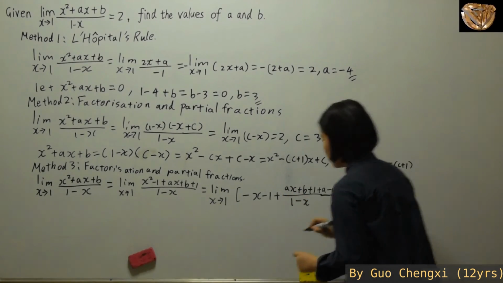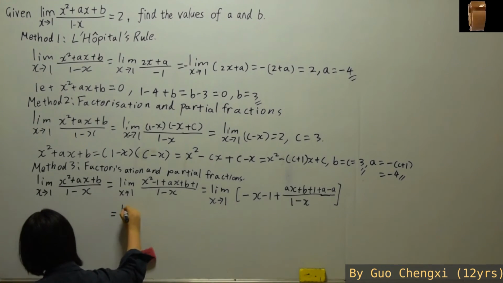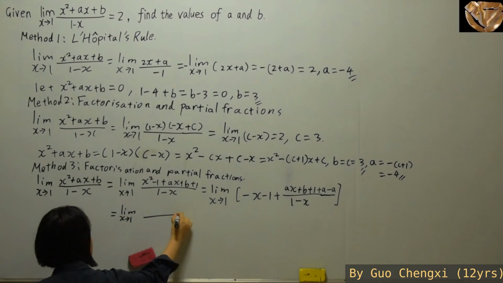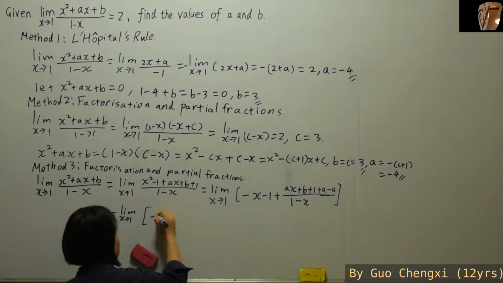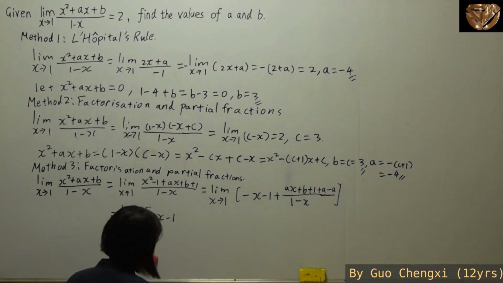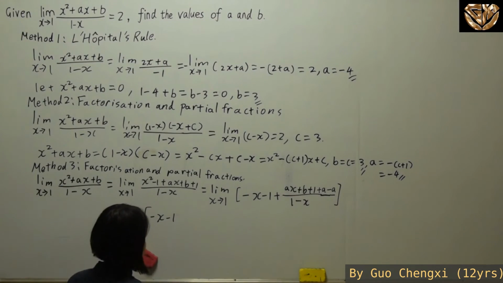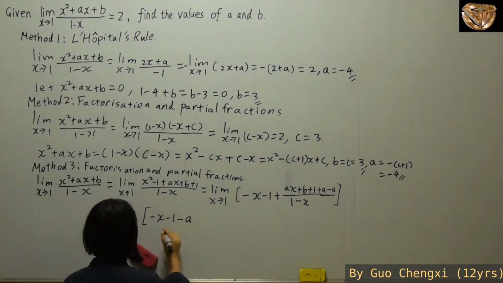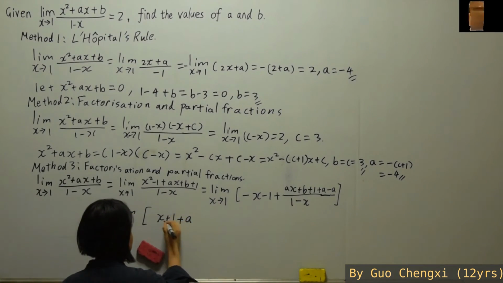So you get a times x minus 1, but since you need the 1 minus x instead, you have an extra negative, so technically you can just take this outside and these will be plus.